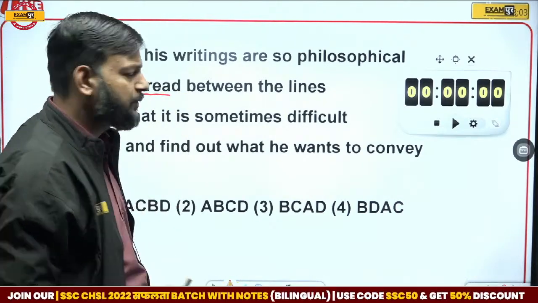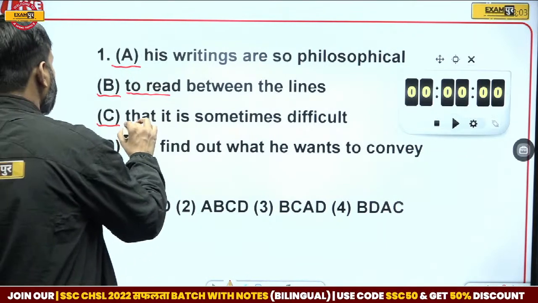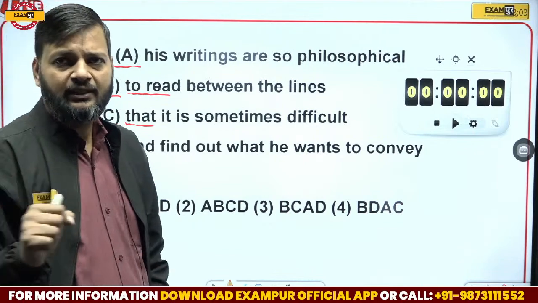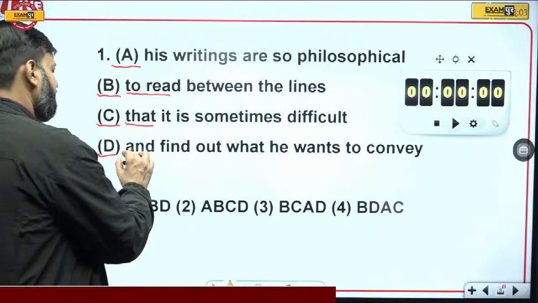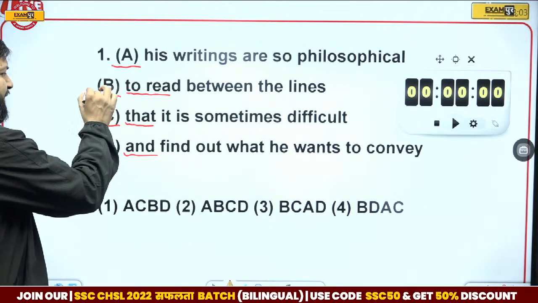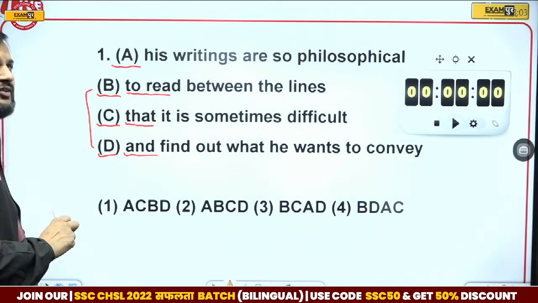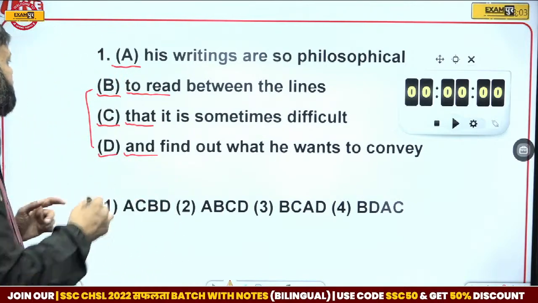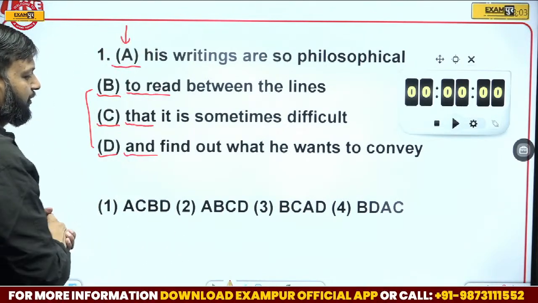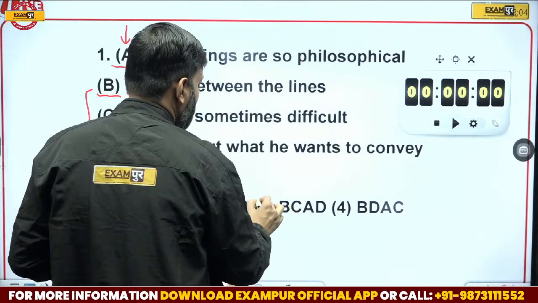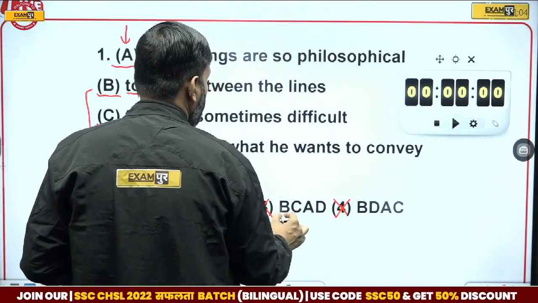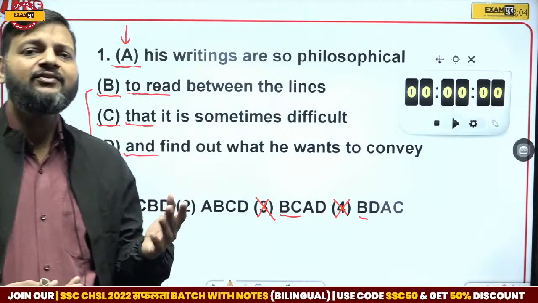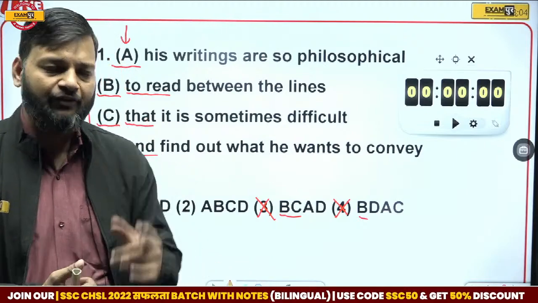And a sentence does not start with the conjunction 'that' or 'either'. So B, C and D cannot be the first sentence of the paragraph. So the first sentence is of course A, right? So eliminate option number 3 and option number 4, because both have B as the first sentence. So A is the first sentence.